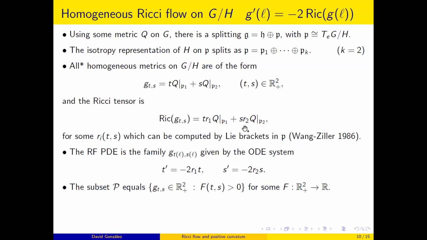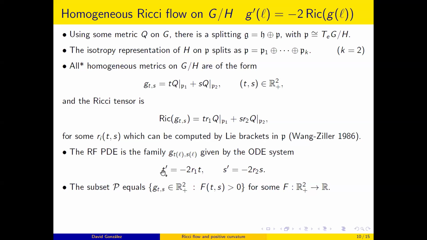And now going back to our problem of whether positive sectional curvature is preserved, we need a description of the space of positively curved metrics, right? So inside this R2, where both coordinates are positive, we need to describe the subset of positive curvature.